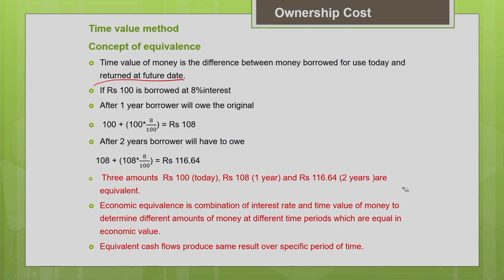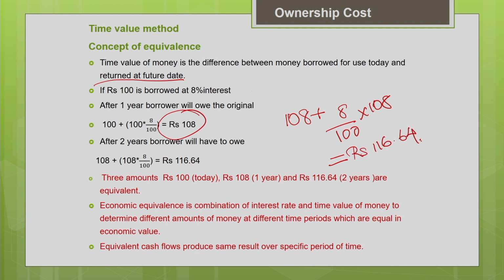Then your interest will be compounded. Now you have to calculate interest for the new principal 108. So 108 plus 8 by 100 into 108 is the amount I have to return to the bank after 2 years. It comes to around 116.64.